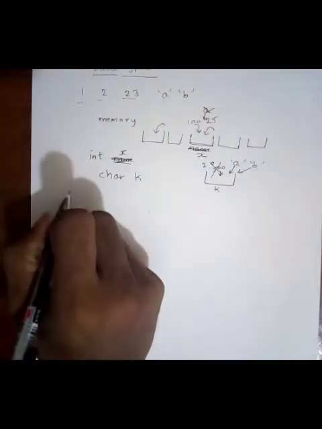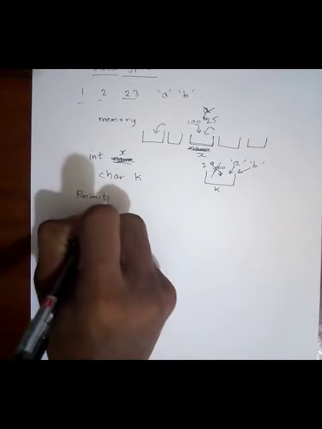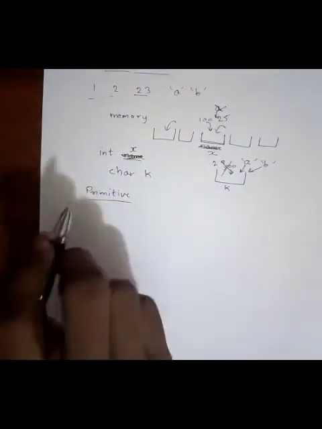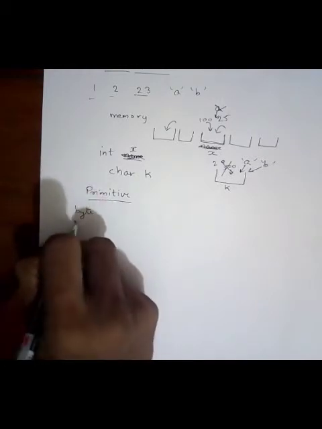So in computers there are primitive data types. These are the basic data types. They are byte, short, int, long, float, double, char, and boolean.